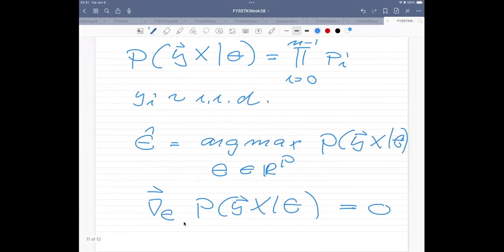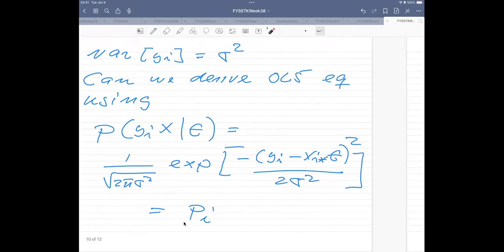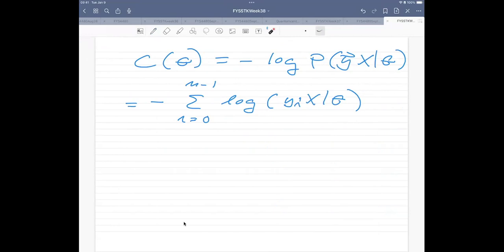And then I have the log of the individual terms, y of i, of x, of theta. And if you go back, let's just do that one because we can do that quickly. If I take the log of an exponential, then I'm simply left with the argument here. I have a minus here. There's a minus log, so that becomes a plus. And then I have a minus in front of this one, which is just a constant. So this one is just going to be equal to a constant, minus n half of log of 2 pi sigma squared.